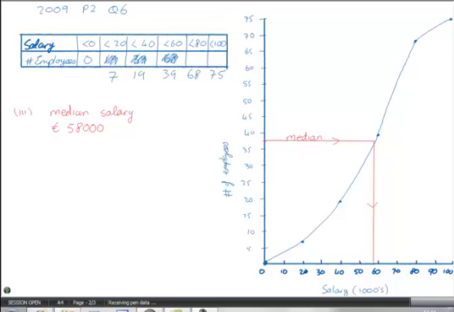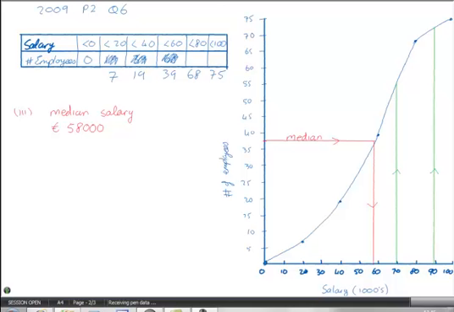This time you're going to go along the bottom axis, and you're going to look for 70,000. You're going to go straight up. You're going to go to 90,000. You're going to go straight up. You've got that done.